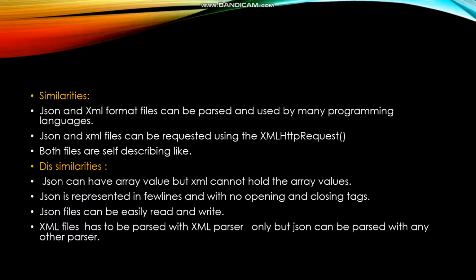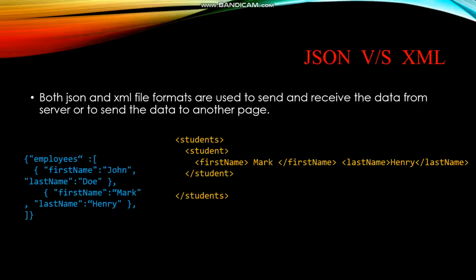Both the files are self-describing. Like here you can see in the XML format, there are a number of students, the arrays. Within the student array, the single student is represented by the tags single student and the student. But in the JSON, you can see the employees.